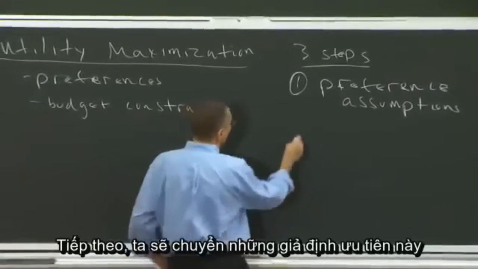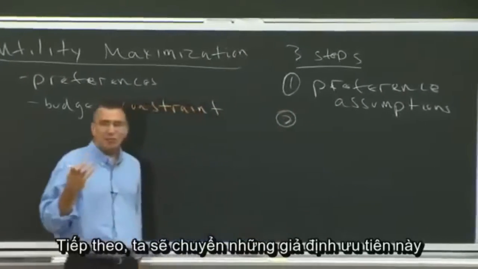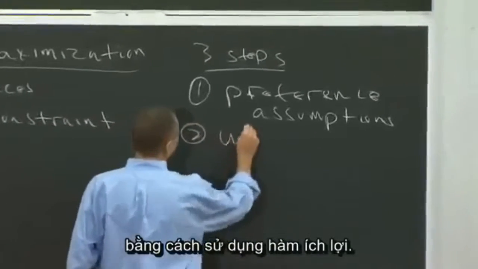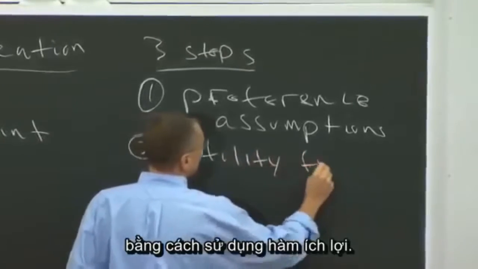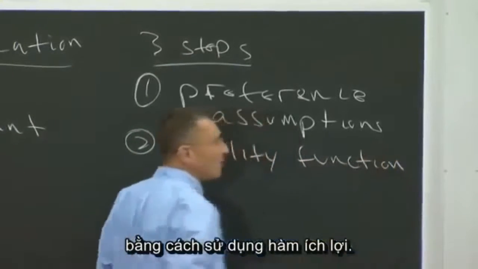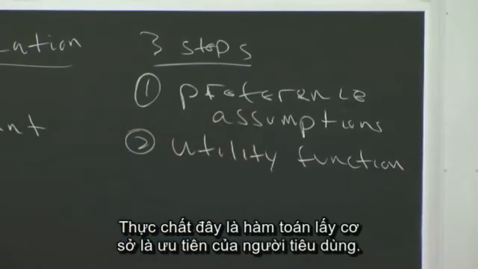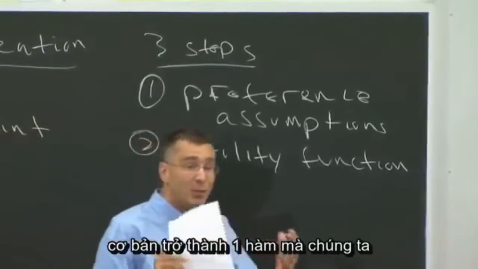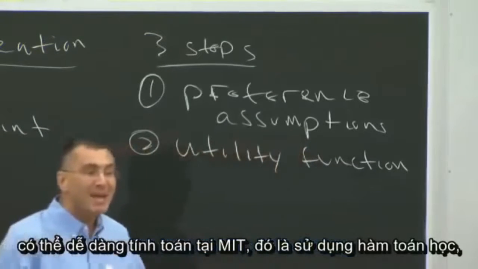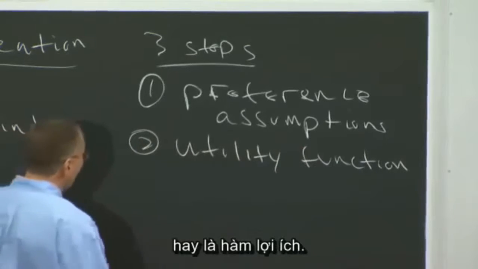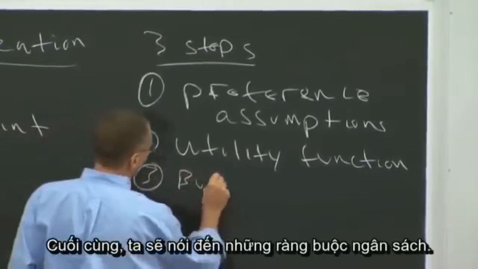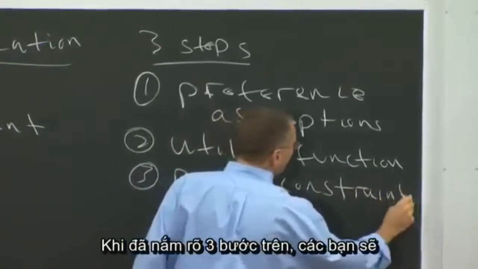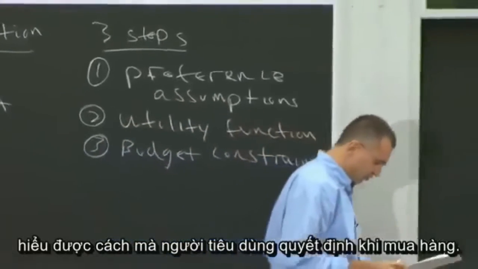We'll then talk about how we translate these preference assumptions into mathematical tractability through the use of the utility function, which is basically a mathematical representation of underlying consumer preferences. So we take these preferences and translate them to something that we can work with here at MIT by making it mathematical, by making a utility function. And then finally, we'll talk about budget constraints. Armed with these 3 things, we'll then be able to model how consumers make decisions.